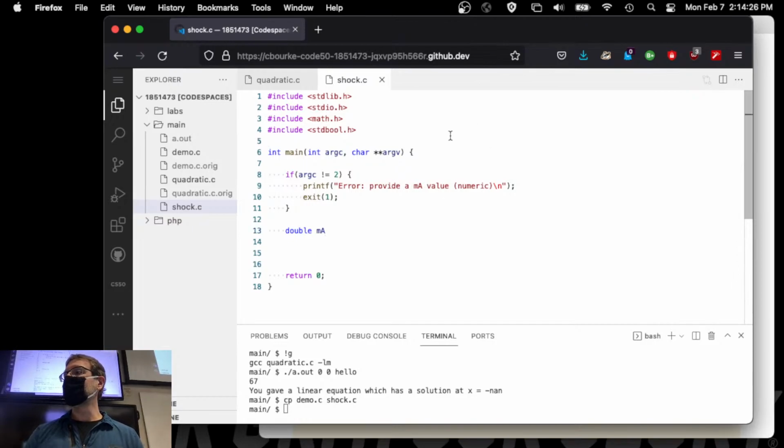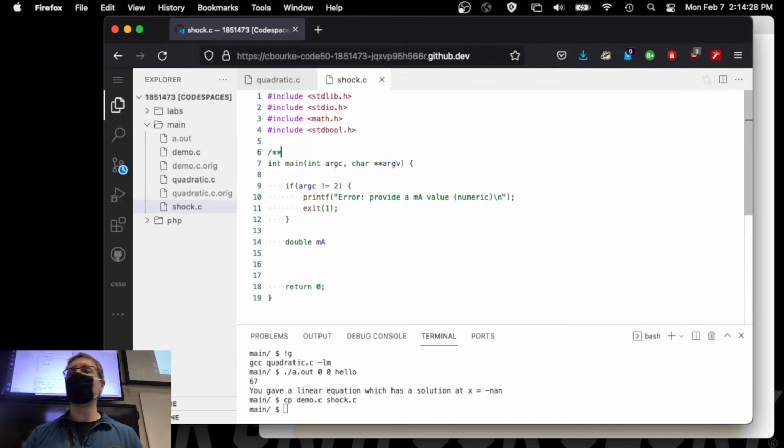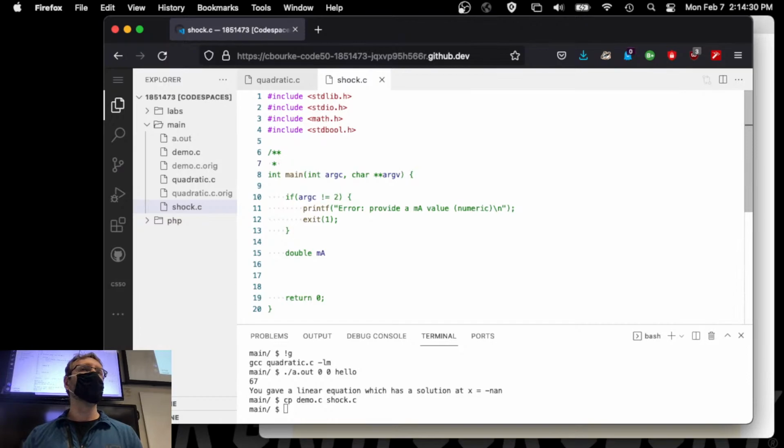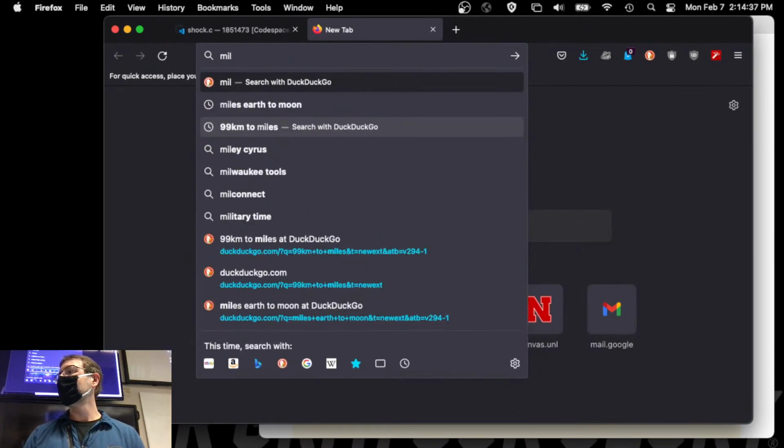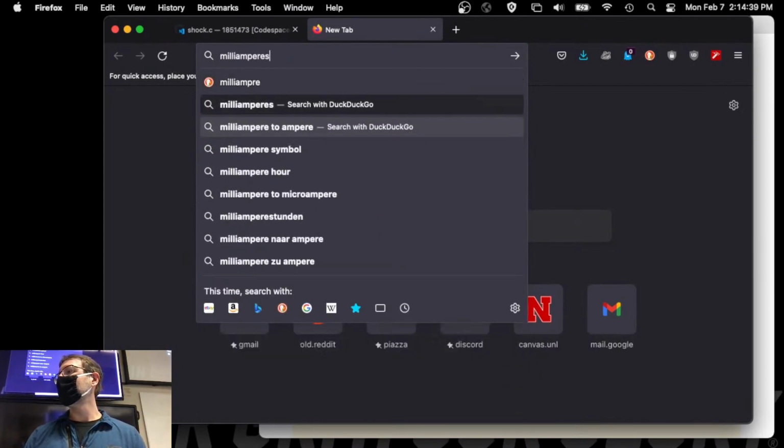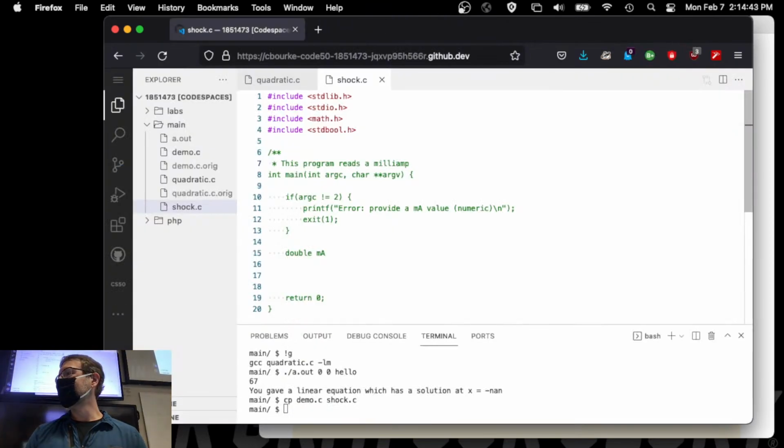The context is given by the documentation. So this program reads a... how do you spell milliamperes? You can just say milliamp. Milliamps. Reads a milliamp value from the user.